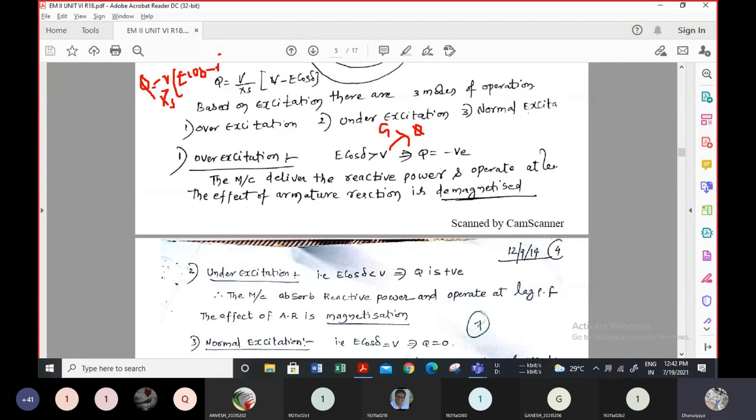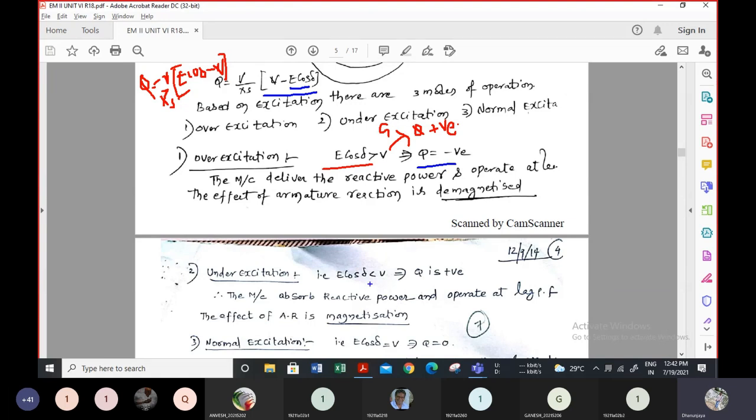In over excitation, E cos delta is always greater than V, and in the synchronous generator Q will be positive, as the formula is E cos delta minus V. Whereas in the synchronous motor, Q will be negative. Why? Because this term has more value than V here. That's the reason Q is negative in over excitation.